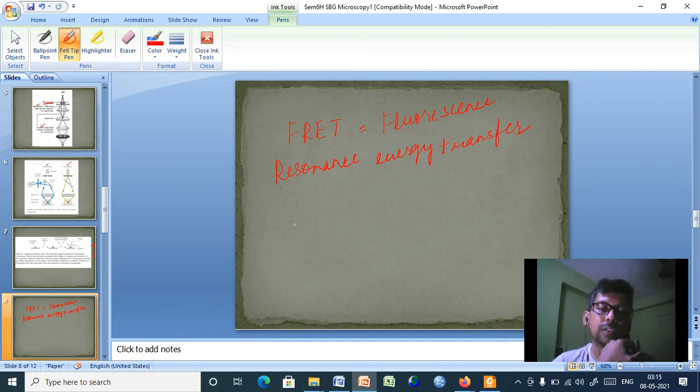And the second one is known as FRAP, that is fluorescence recovery after photobleaching.